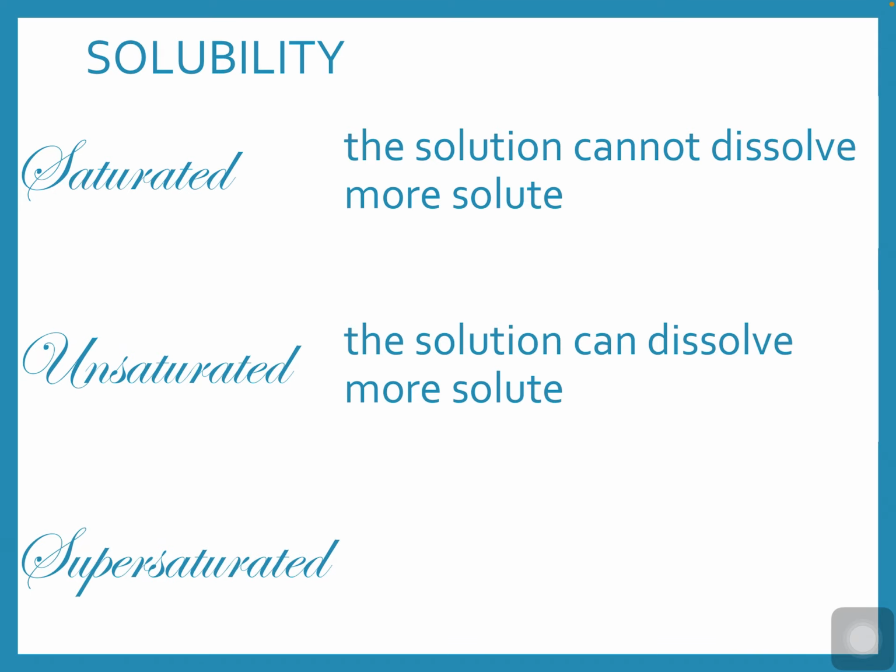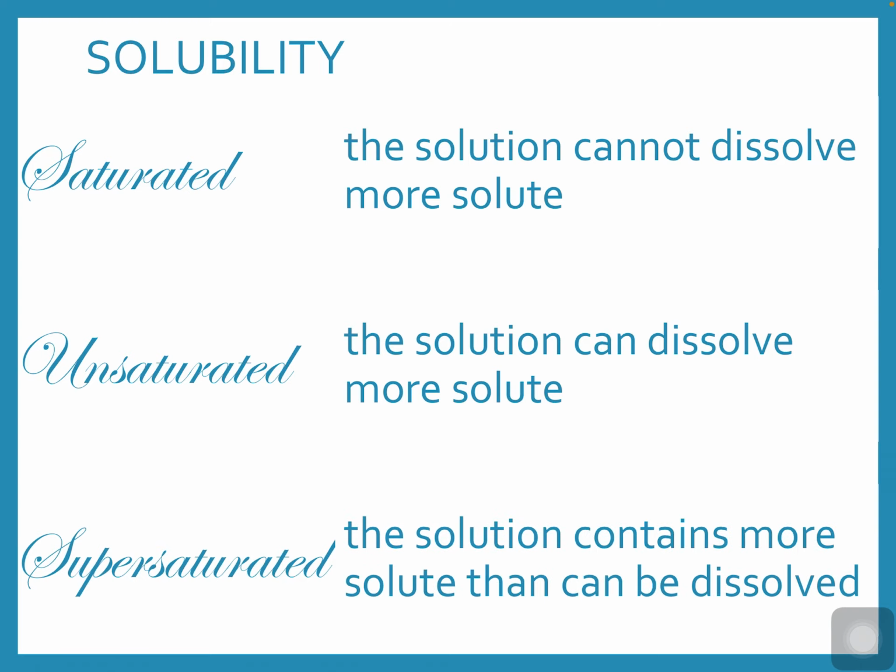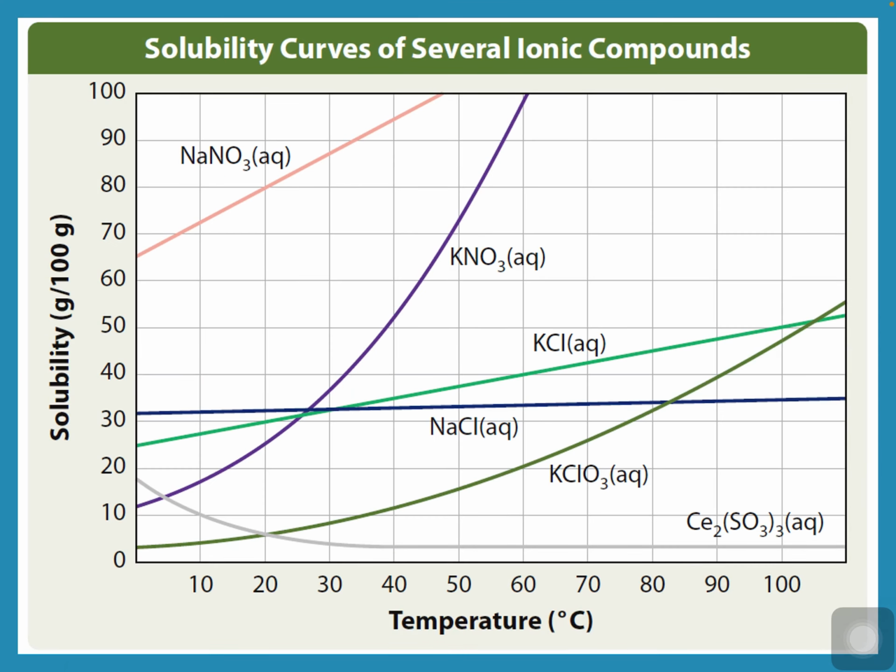And if something is supersaturated, this is where if you added more solute to a saturated solution, no more would dissolve, and so it's just going to be a precipitate, a solid within that solution that isn't dissolved. So a supersaturated solution has more than the maximum dissolvable amount, and then some of it is going to be a precipitate, or a solid that is not dissolved.